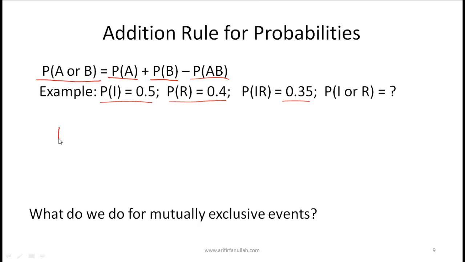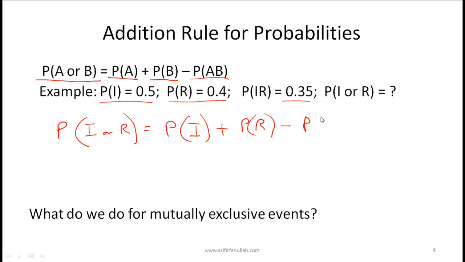The probability of interest rates going up or a recession would be equal to the probability of interest rates going up plus the probability of a recession minus the probability of both interest rates going up and having a recession. Plugging in the numbers, we have 0.5 plus the probability of a recession, 0.4, minus 0.35, which gives us 0.55.